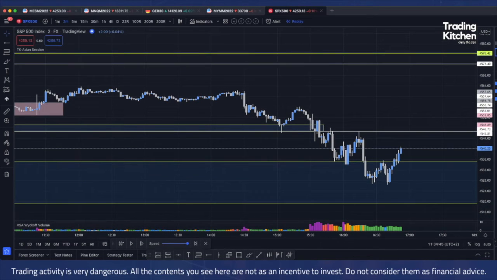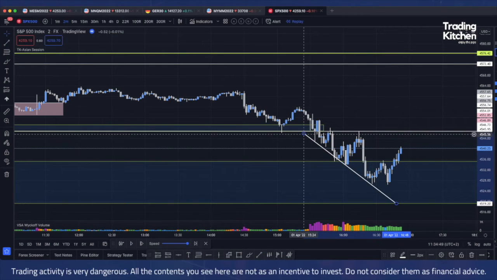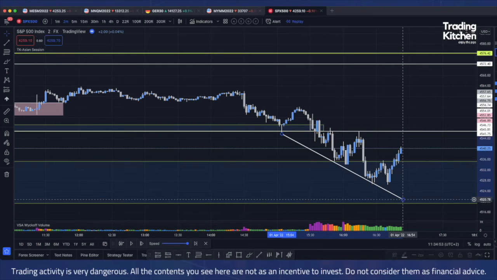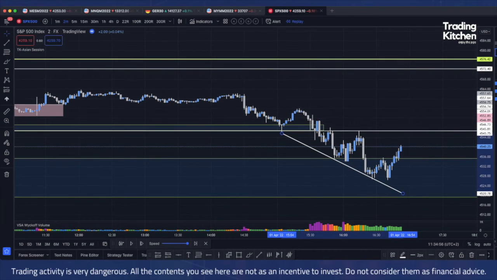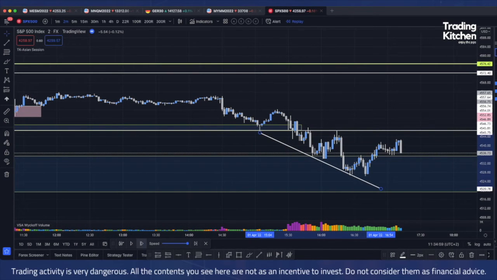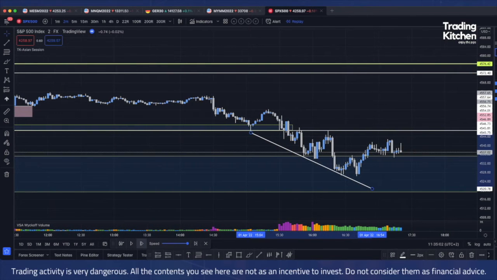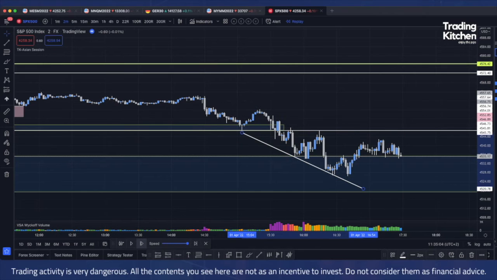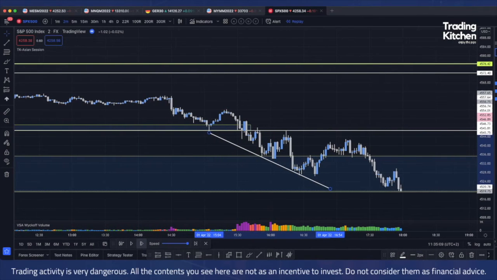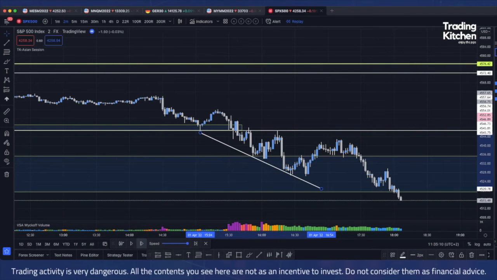So this is the trend line, so dynamic liquidity here, and we are inside the zone in which price could react. So I just wait for something clear, but nothing to do.